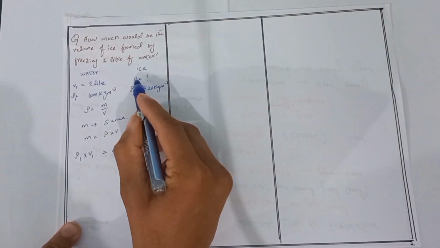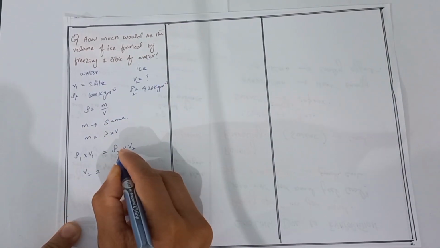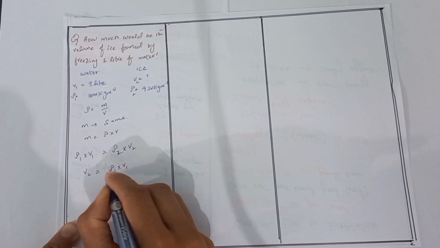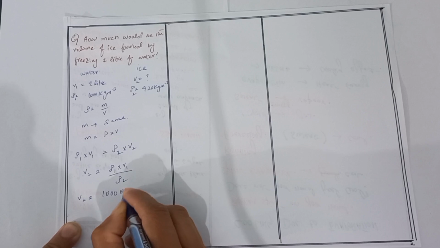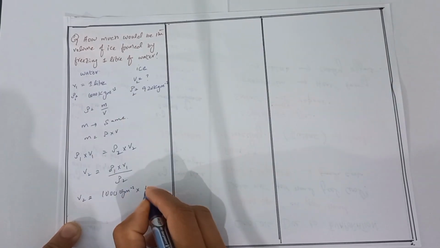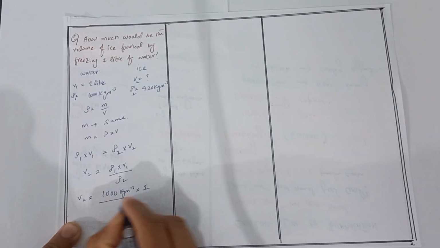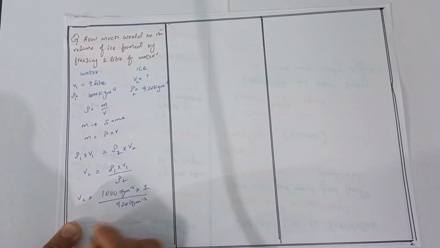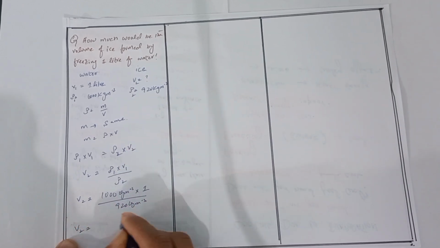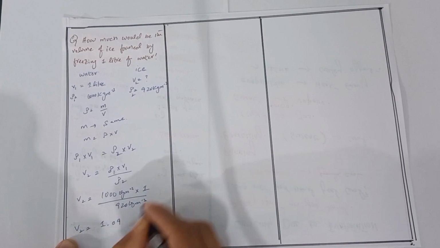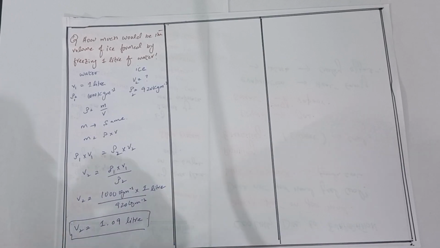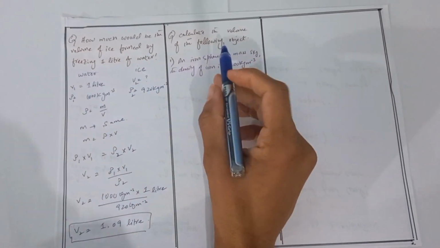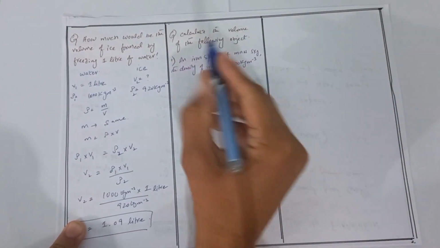Now we calculate the volume of the ice. V2 equals rho1 V1 divided by rho2, which is 1000 kg per meter cube times 1 liter divided by 920 kg per meter cube. So the volume is 1.09 liter. This is the answer. Now calculate the volume of the following object: an iron sphere of mass 5 kg.